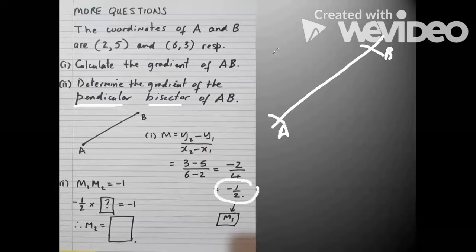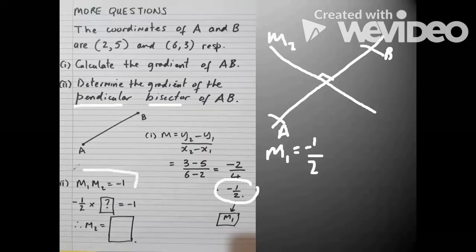And then we have another line that cuts it in the middle. So M1 is negative a half. So we need to find M2. Now we know from the rule that the product of the gradients should equal negative 1.